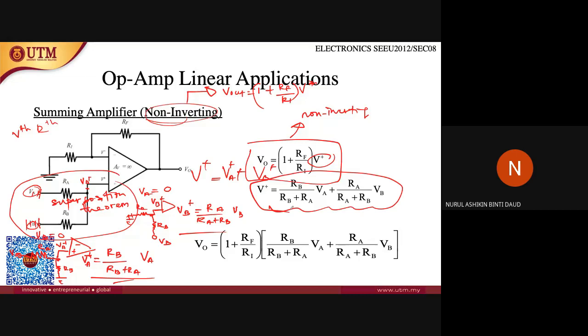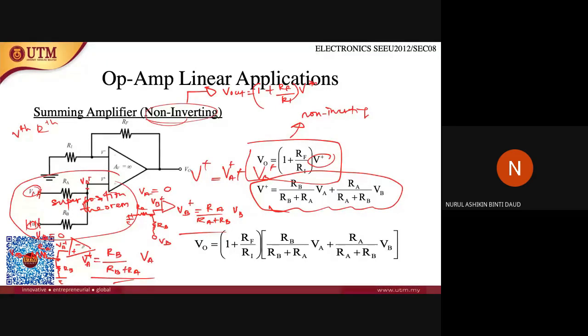If you get confused where this equation comes from, it comes from the superposition theorem, where to solve it you need to consider one of the voltage sources to be grounded. In the first case, we assume that VB is equal to 0, or VB is grounded.